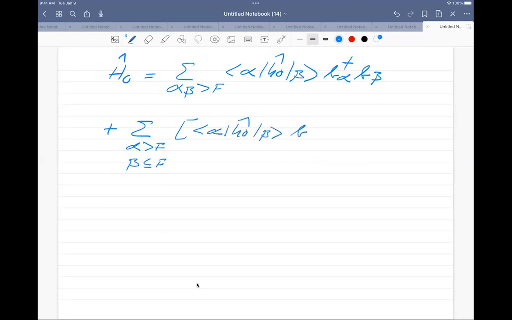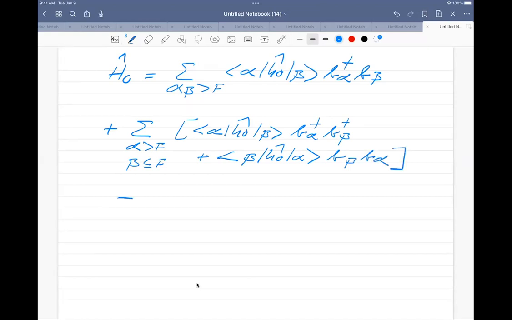And this had a B alpha. So we create a particle state and we create a hole state, plus a beta of H0 of alpha. And then we had a B beta and a B alpha.